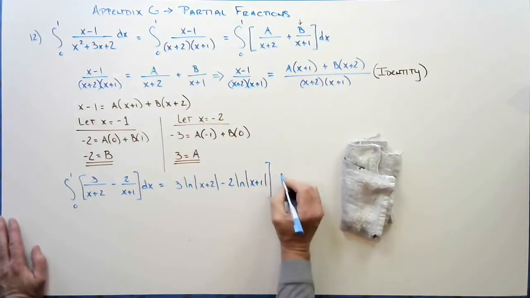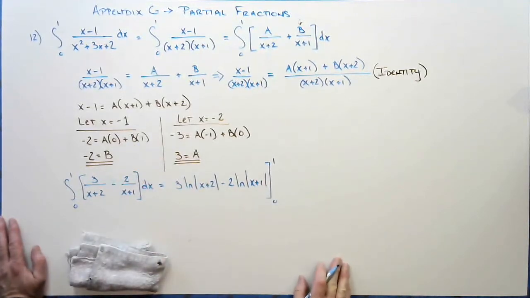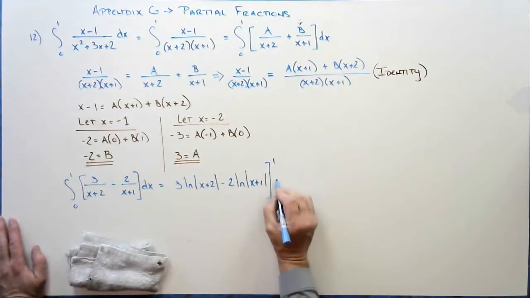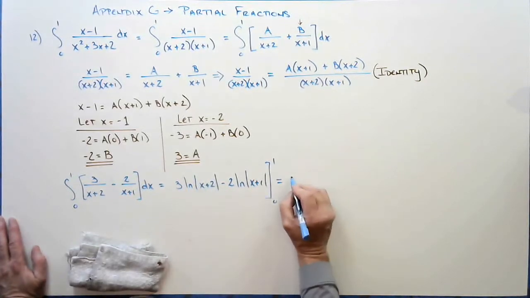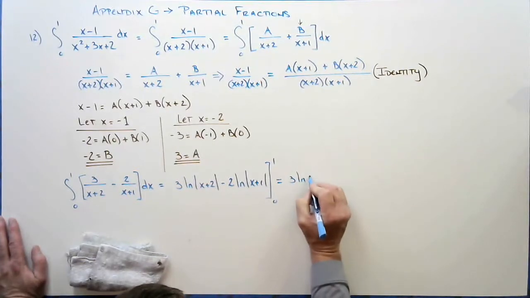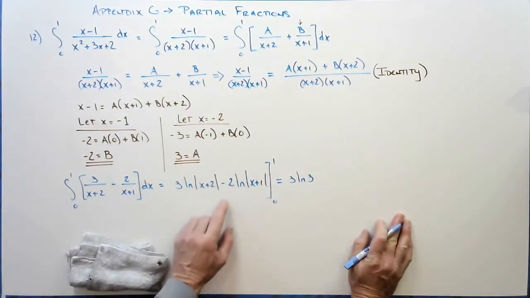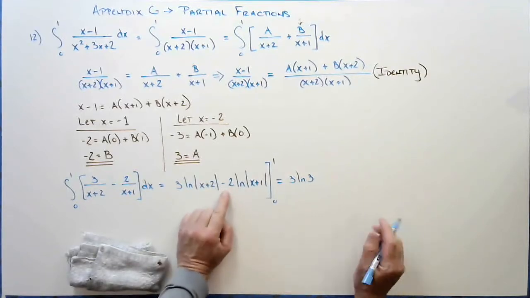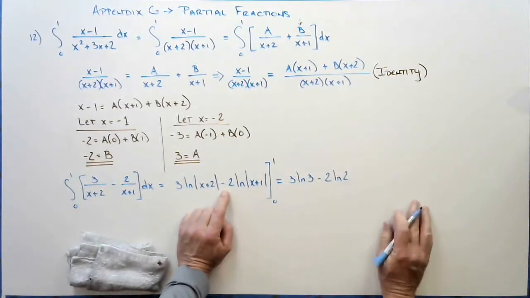And we want to evaluate this between 0 and 1 because problem 12 is a definite integral. When we input a 1 in here, we're going to have 3 ln of 3. We don't need the absolute value because 3 is positive. When we put a 1 in here, we're going to have minus 2 ln of 2.